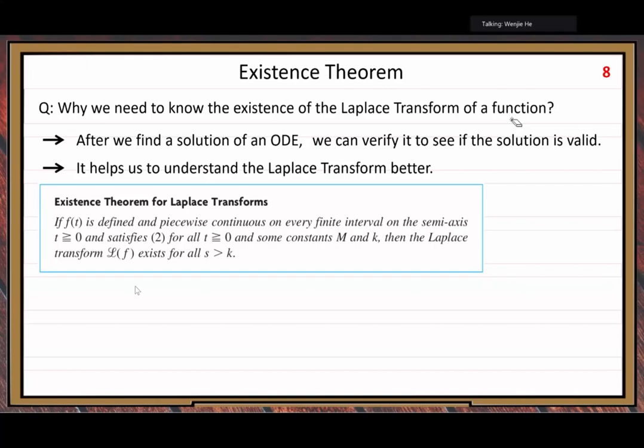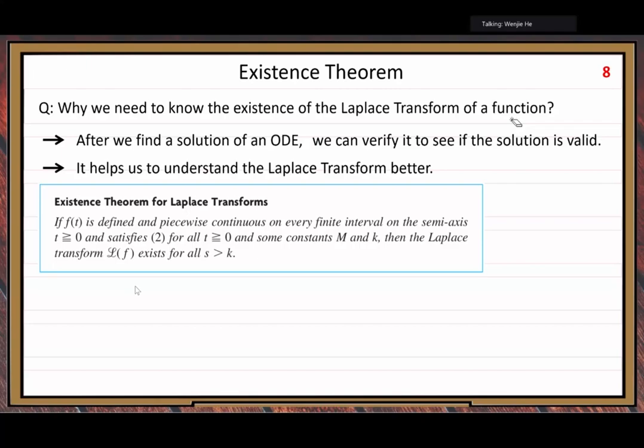Existence theorem for the Laplace transform. If f of t is defined and piecewise continuous, you see here the condition: piecewise continuous. Not necessarily continuous, but it can be divided into several pieces, each piece continuous, and then you connect those pieces.